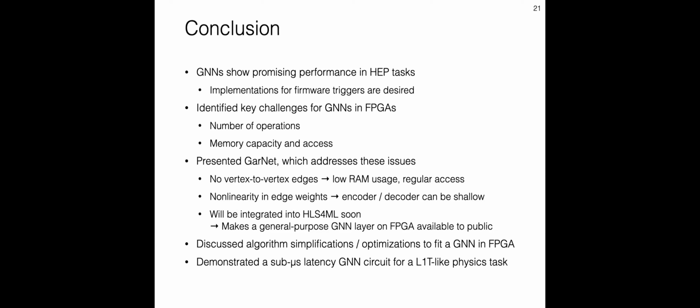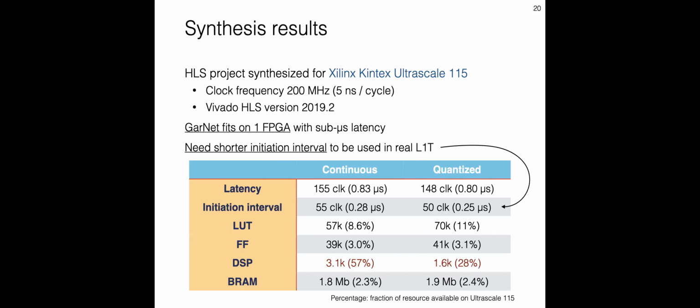Anyone else? Tara, I just had a question. If you remove the 1 microsecond constraint, do you gain a lot of freedom for fitting more complicated graph neural networks into FPGAs?